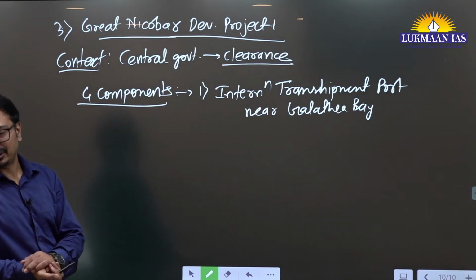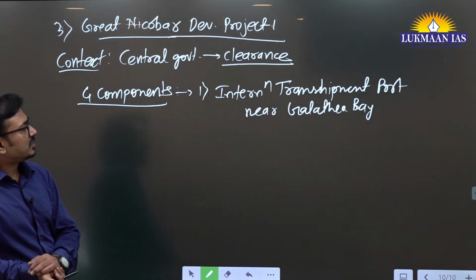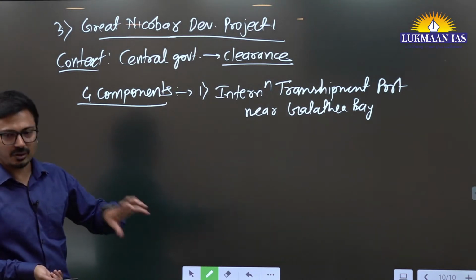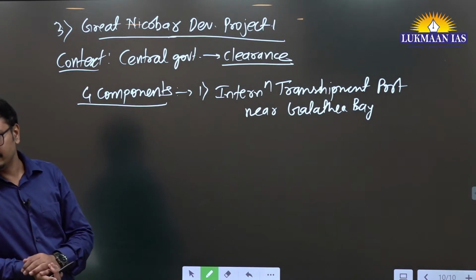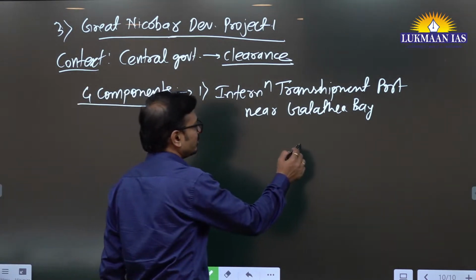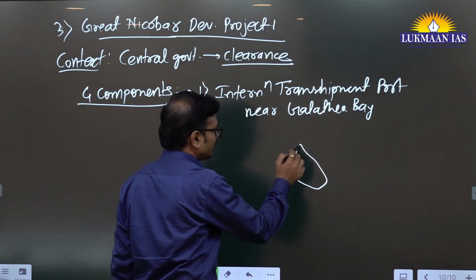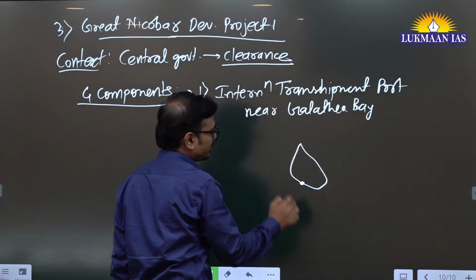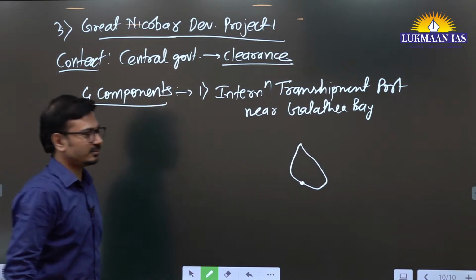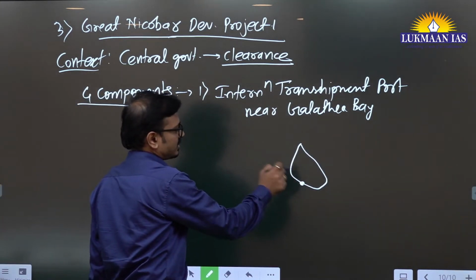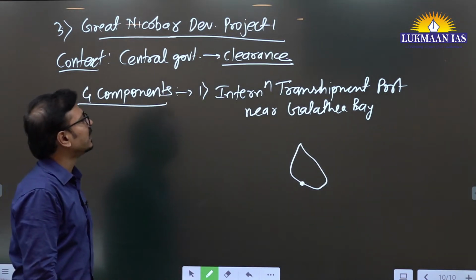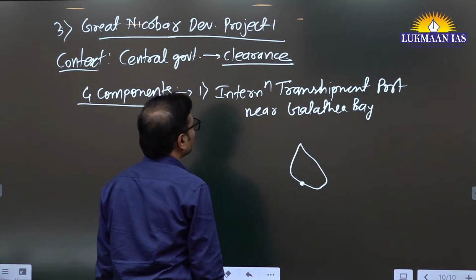It is a national park also, and it is located in southeast of Great Nicobar. Southwest. अगर ऐसे हम ड्रॉ करते हैं इसको, यहां पर लोकेटेड है गलाथिया बे, इस साइड साउथ वेस्ट साइड में गलाथिया बे. So there we are going to have this international transshipment port, first part.